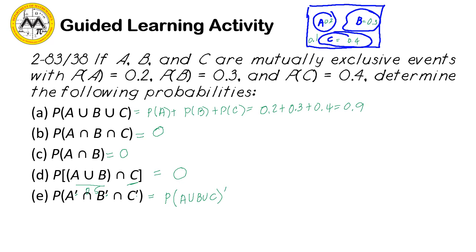Or we take everything except A, everything except B, and everything except C. So the region that is being highlighted here would be this one. That would be the 0.1, which is the same as the complement of A union B union C.